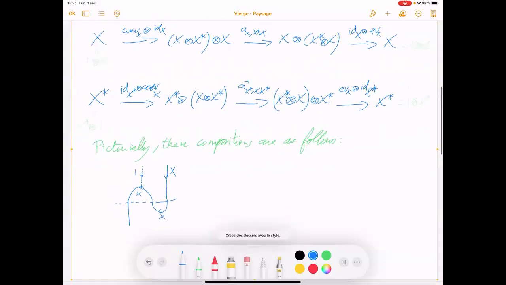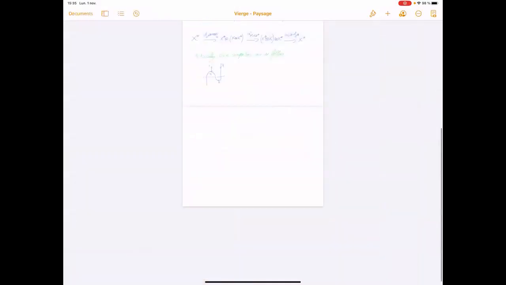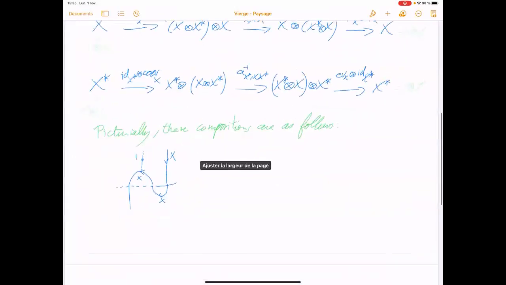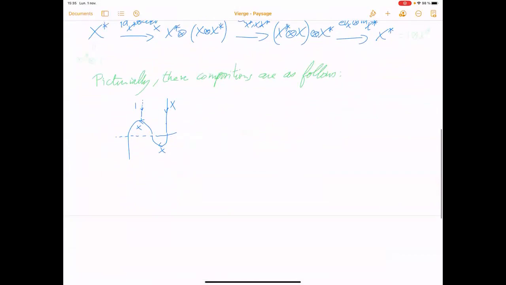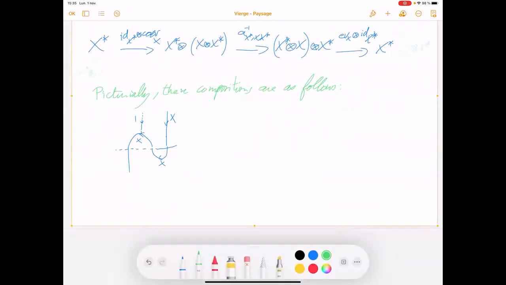X. So here this is associativity. Let's see. Like that. I will write another color for associativity.